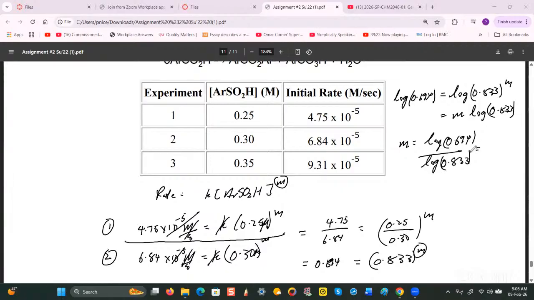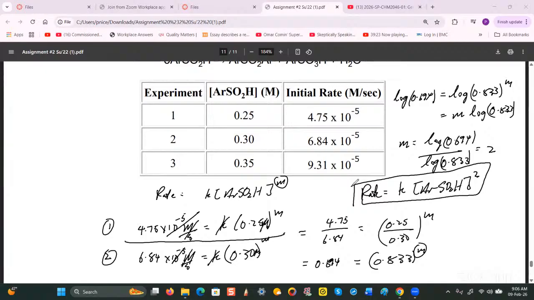According to my calculation, this works out to be 2, all right? So therefore, the rate law for this reaction is going to be equal to K times the concentration of ArSO2H squared. And that's basically the final answer, all right?